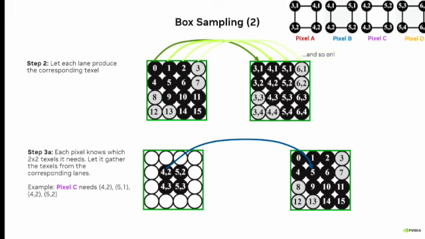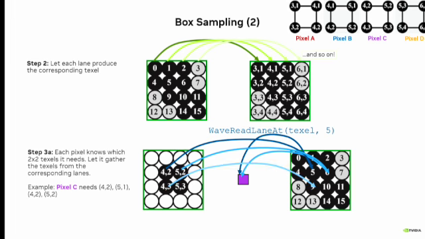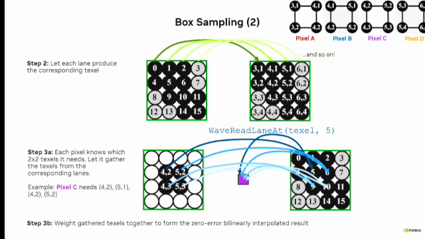So 2 maps to lane 5, so then we fetch that texel value by using a function called wave read lane at. And then we do that for all of those 4. And finally, we weight them together to get the 0 error result.